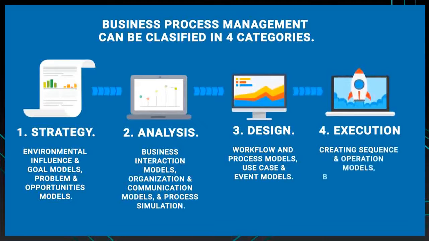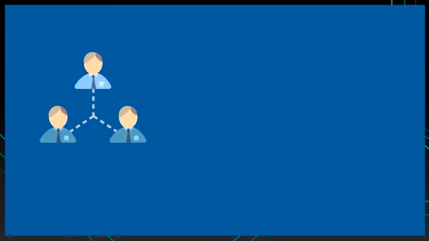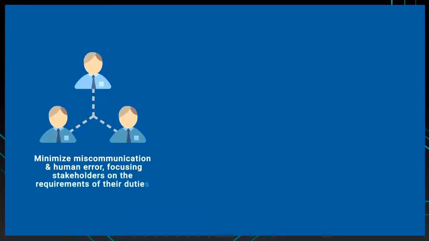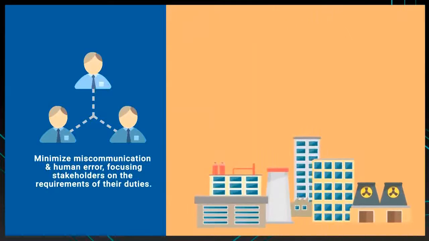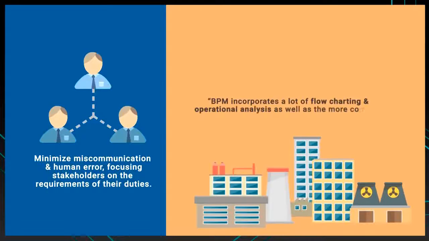Creating sequence and operation models, business classes, and system models. The purpose of business process management is to minimize miscommunication and human error, focusing stakeholders on the requirements of their duties. Generally driven by industry rules, business process management incorporates a lot of flowcharting and operational analysis, as well as the more complex offerings in the space, which not only include process design but also simulation tools.